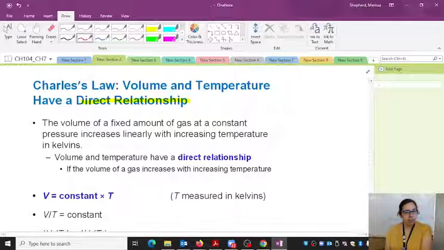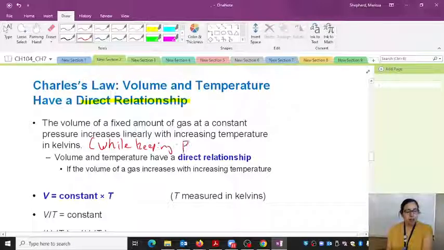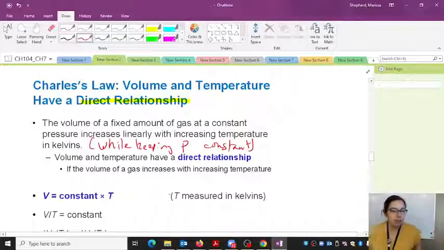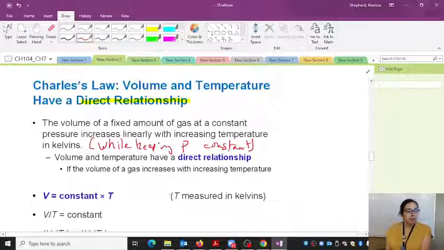The important thing to add here is that pressure stays constant. That's the thing about these little relationships: you're only changing these two variables and everything else should be constant. So your pressure is constant, your moles are constant. We're just relating volume and temperature.